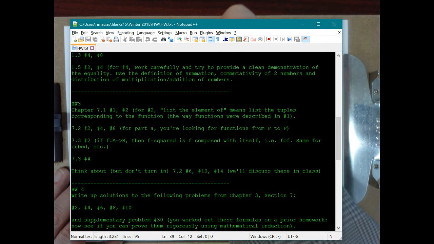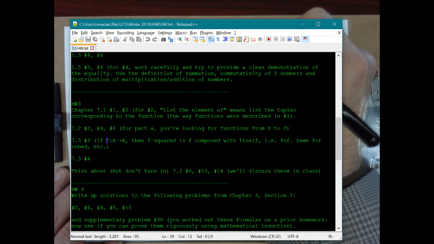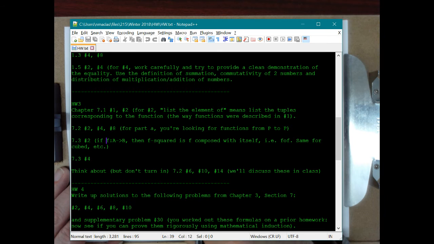U of n equals n plus 1. And d of n equals n minus 1. And we're asked to find USD, SUD, and DSU.